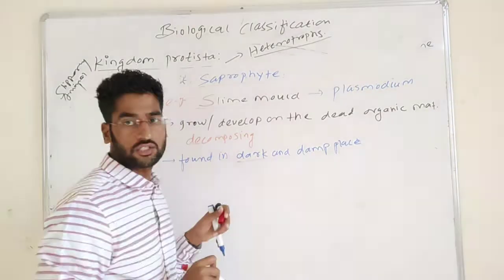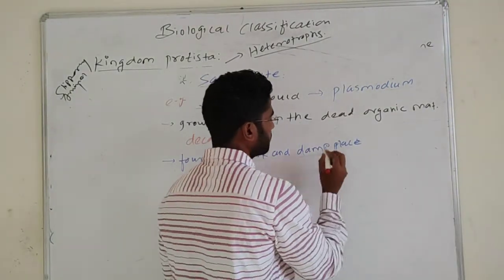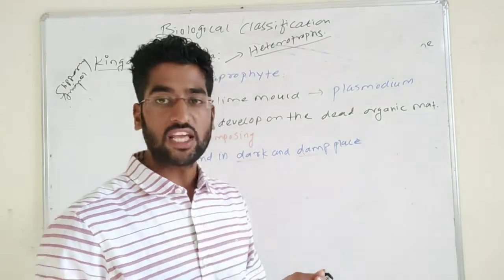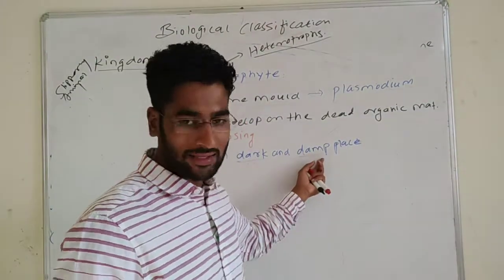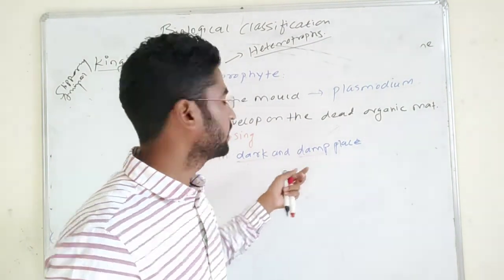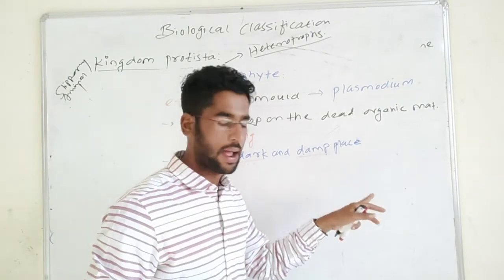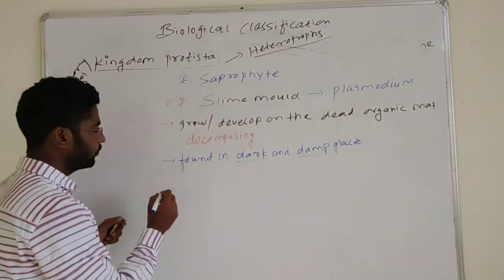Where sunlight is not going to reach, that is known as dark, and damp. If the sunlight is not reaching, the place will not be dry, right? It means a place with a lot of moisture where no sunlight reaches, that is known as dark and damp, right? Now these are uninucleate.